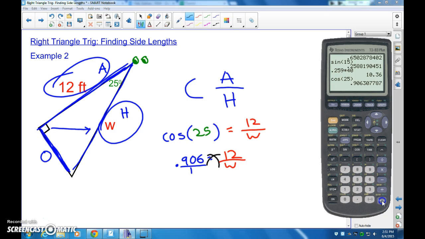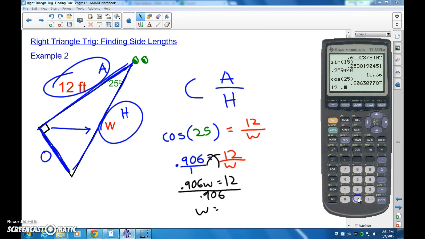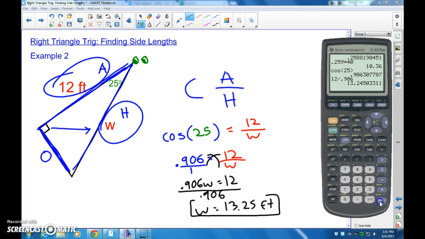This will be 2 steps because you're going to get 0.906w equals 12, but I need w by himself, so I'm going to divide by 0.906. I'm going to get 12 divided by 0.906, 13.25 feet. And that's how you got w.